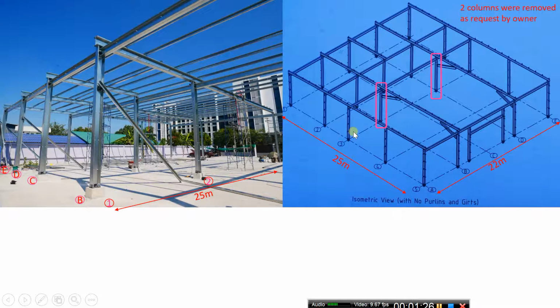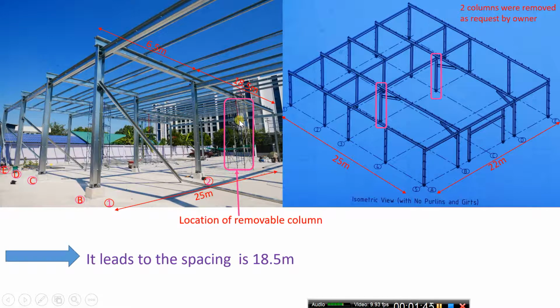Because the owner required these two columns to be removed, the drawing should be changed. You see, this is the location of the removed column, from the real construction site. Here we have the distance from S1 to S2 around 6.5 meters.